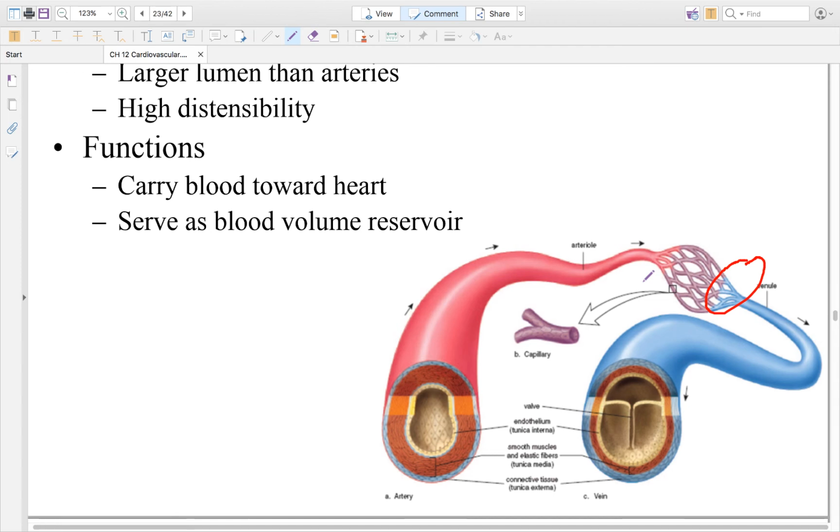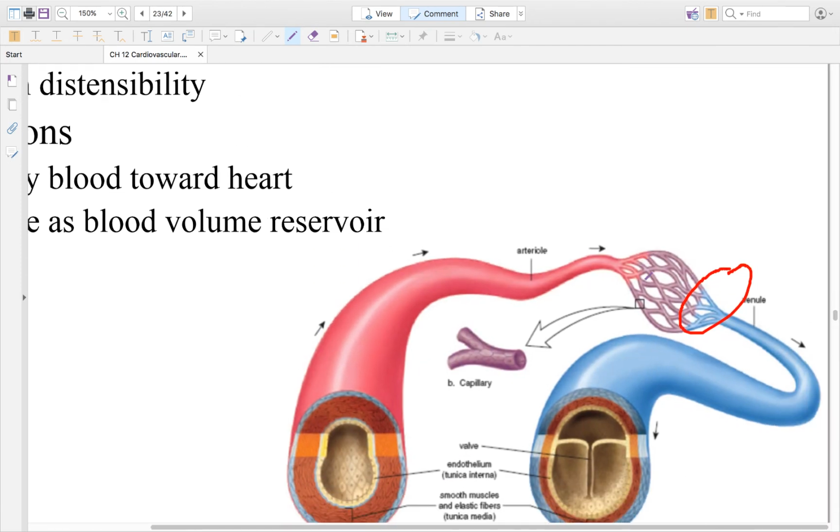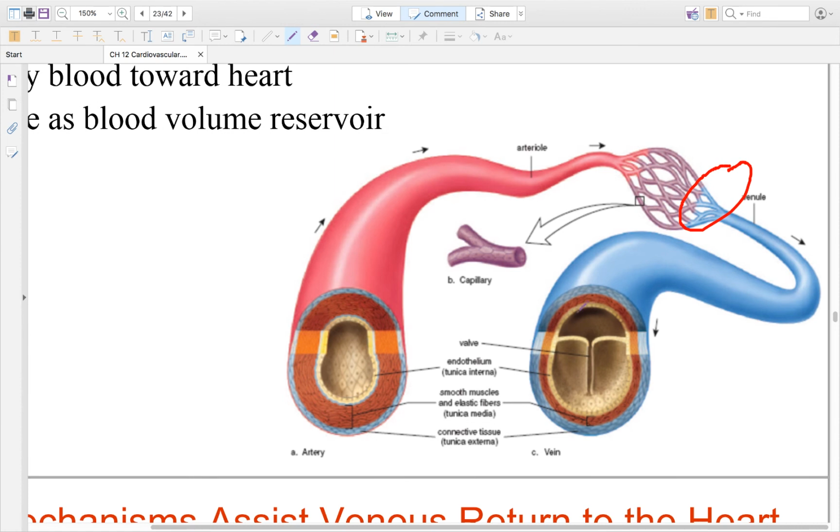This is how you recognize a vein versus an artery. First of all, notice that there's some similarities in terminology. For example, the inside is the tunica interna. The middle is the tunica media.